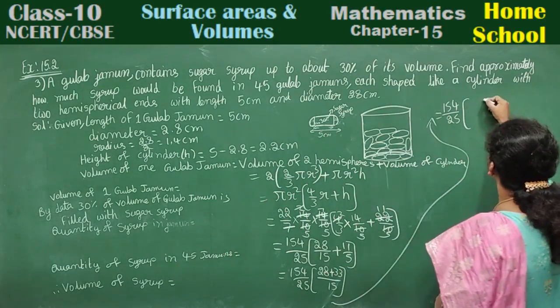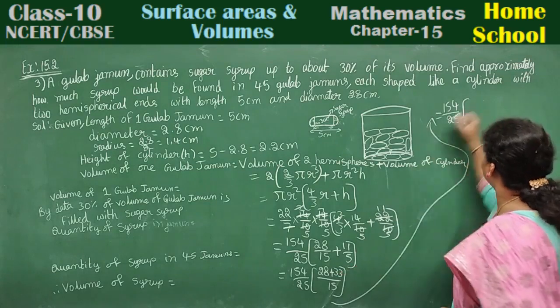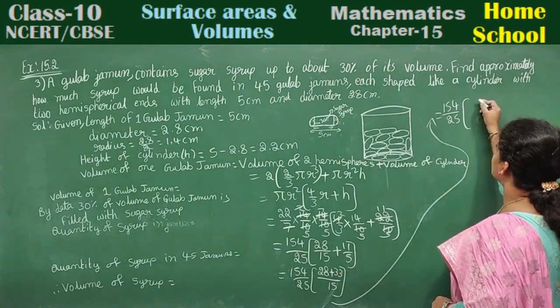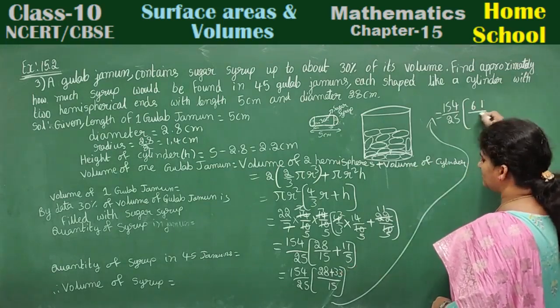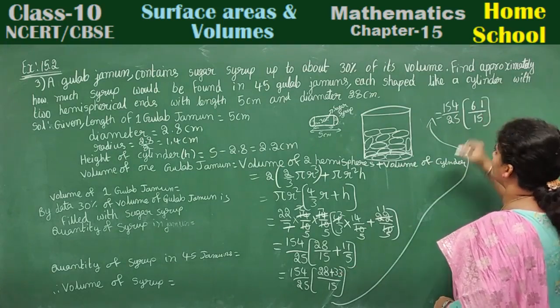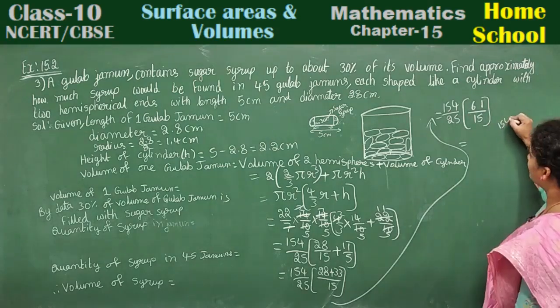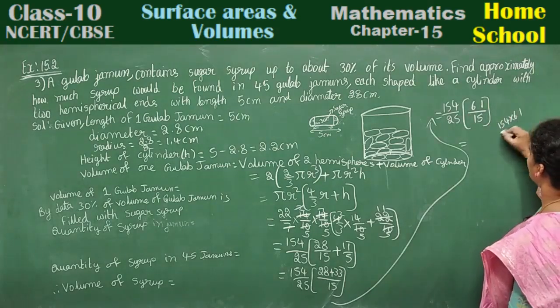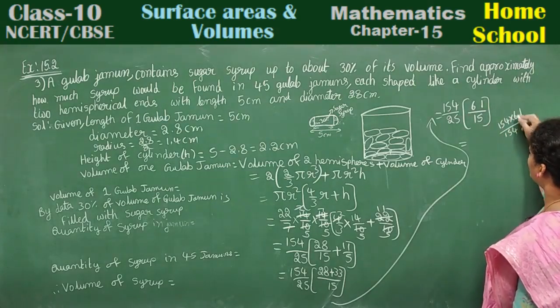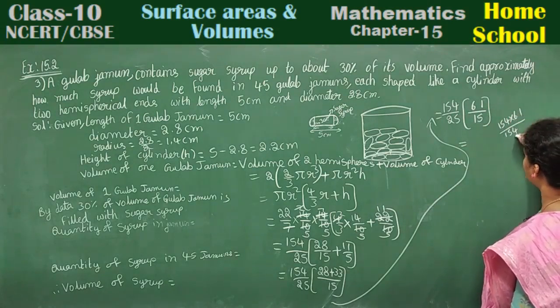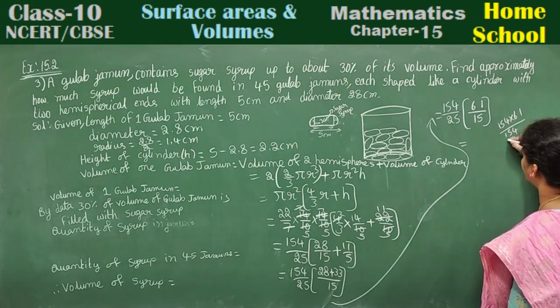How much will it be? 8 plus 3, 11. 2 plus 3, 5. 5 plus 1, 6. 61 by 15. Multiply, children, 154 into 61. 154, then again 6 4s are 24, 30, 32, 9, 24.